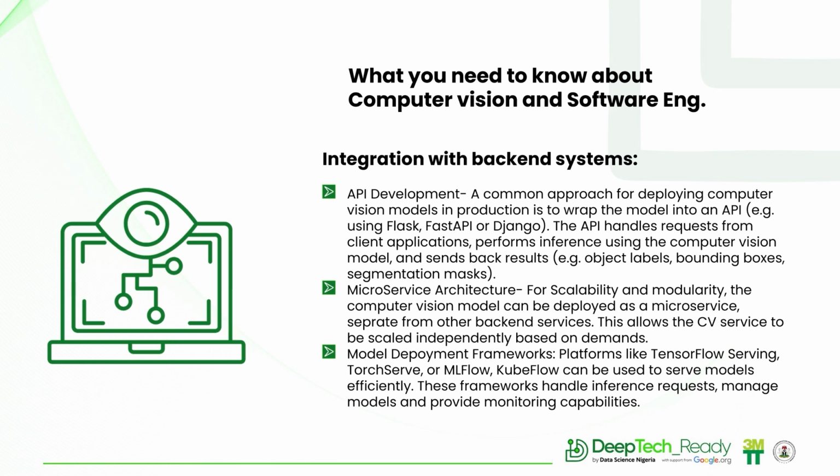So microservice architecture. For scalability and modularity, the computer vision model can be deployed as a microservice, separate from other backend services. This allows the computer vision service to be scaled independently based on demand. Now, I think we'll talk about cloud platforms like AWS, where you can actually deploy your model and the likes.